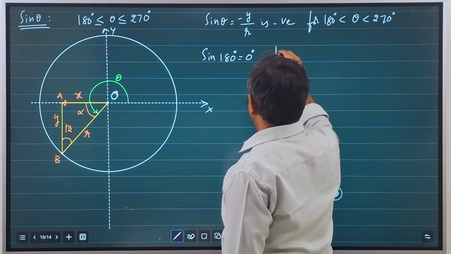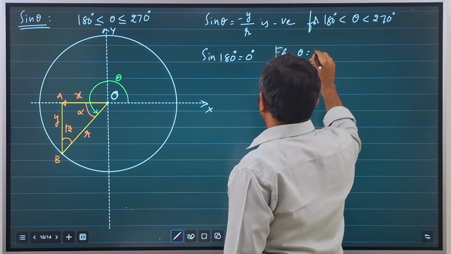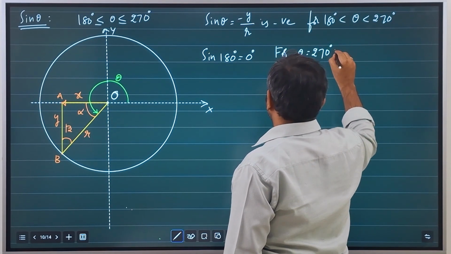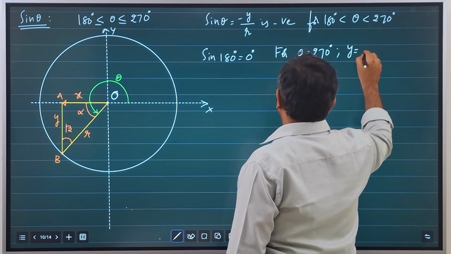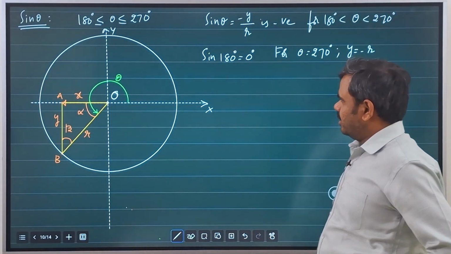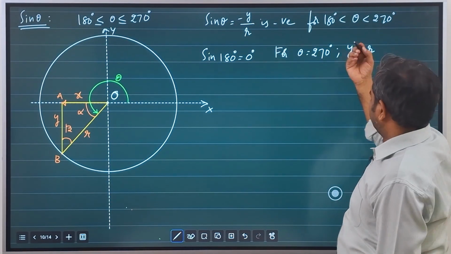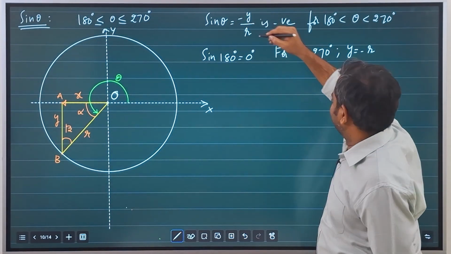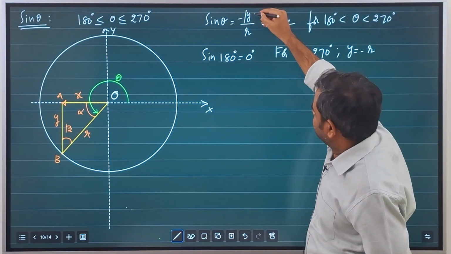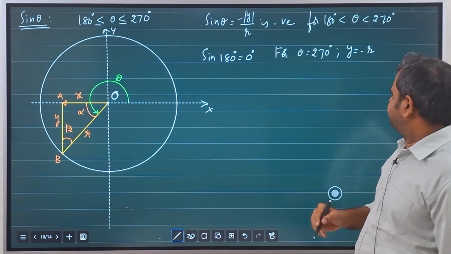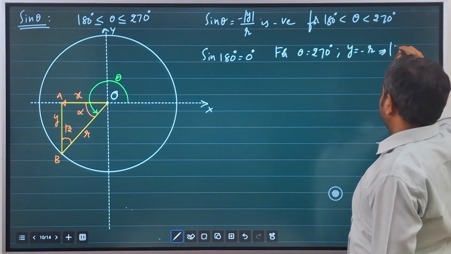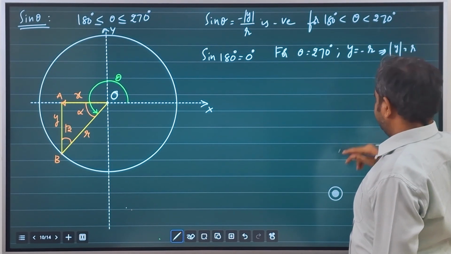So the magnitude of y is equal to r, because we are only writing the magnitude here.